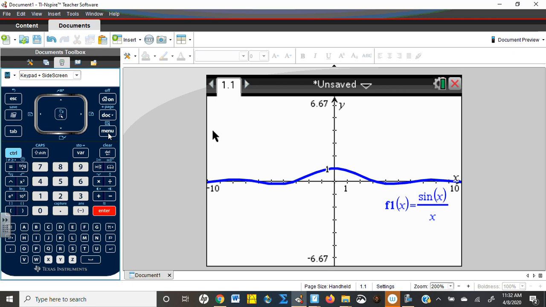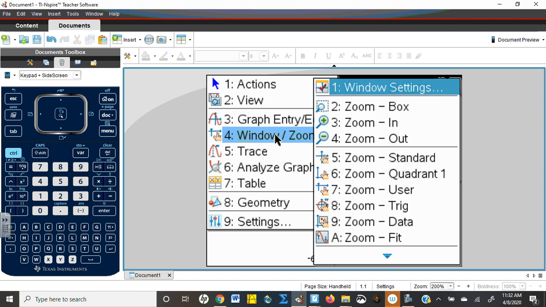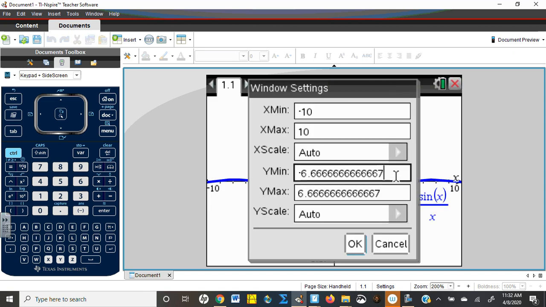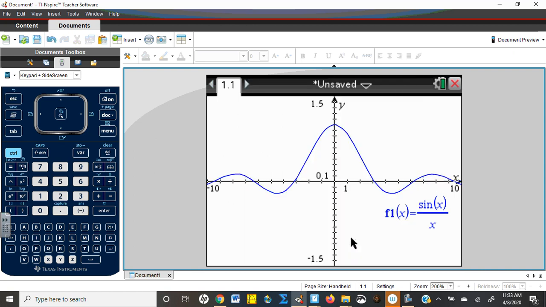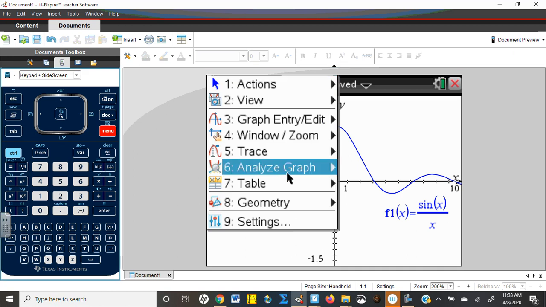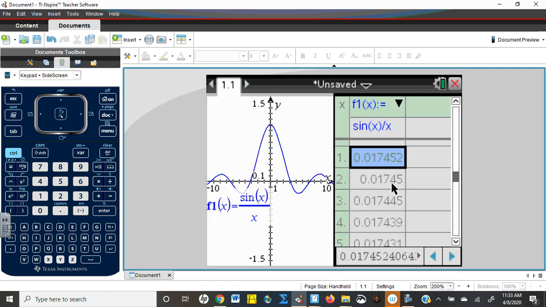And we certainly don't need very much of a y-scale on this, so let's reduce it down to maybe negative 1.5 to 1.5. And so there you can see it doesn't show the hole at 0, 1, but we definitely know there is one. We could always use tables if you wanted to take a look at that.